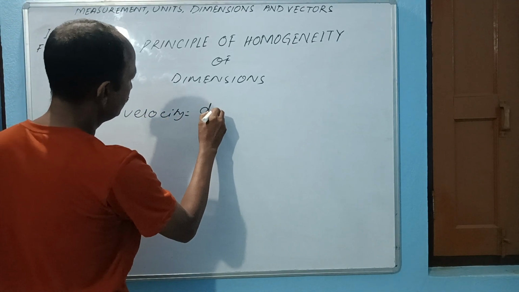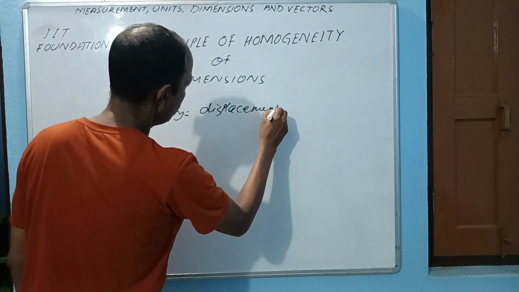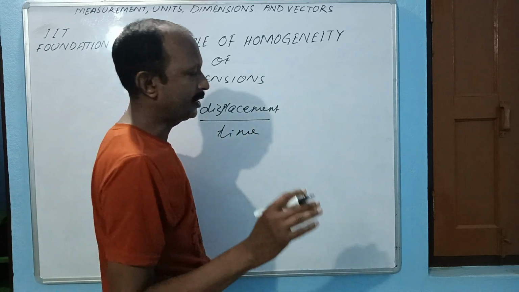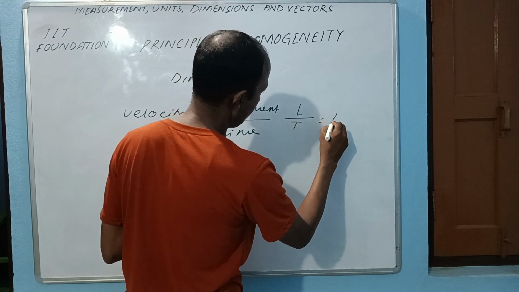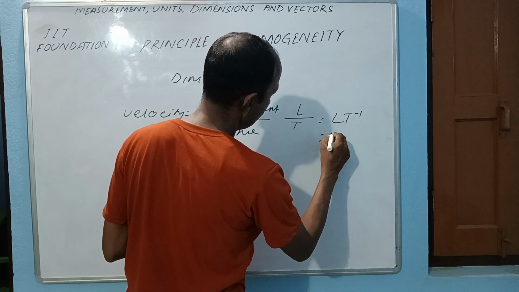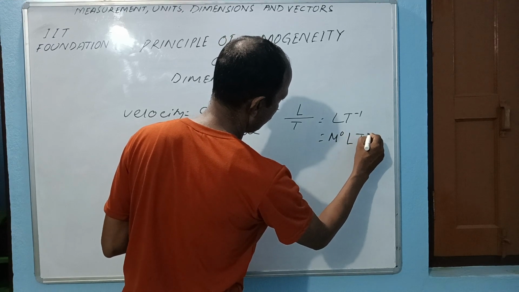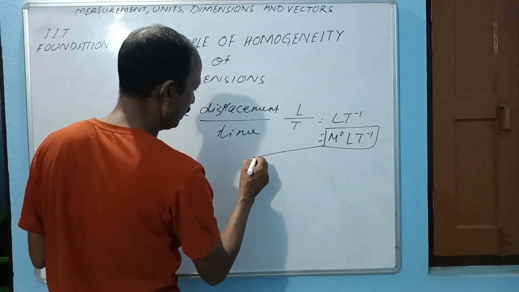Velocity means displacement upon time. Displacement, I use the length L. Time I use t, that means L t to the power minus 1, or M to the power 0, L to the power 1, t to the power minus 1. This is the dimensional formula.